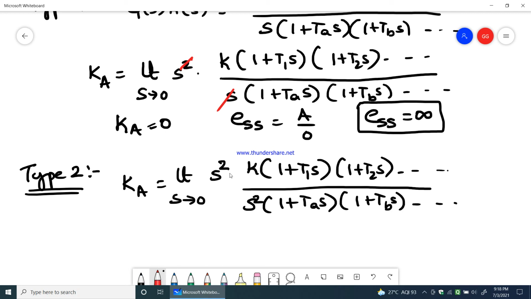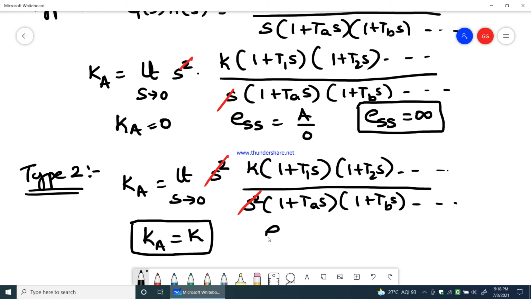So here s square gets cancelled, and when you apply limit s tends to 0, you will get Ka equal to K. Okay, the acceleration error coefficient is equal to K. Therefore, the steady state error ESS would be equal to A by K. Again, for type 2 system, when parabolic input is considered, it is not desirable because you have an error here.